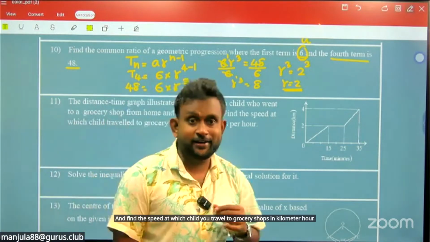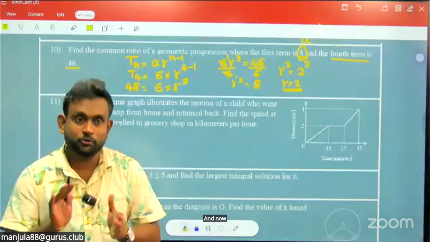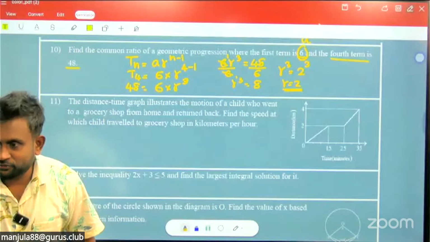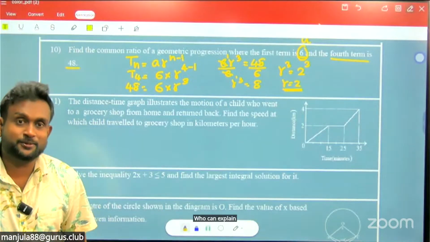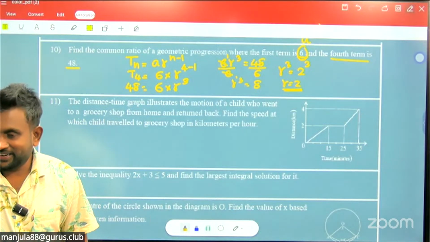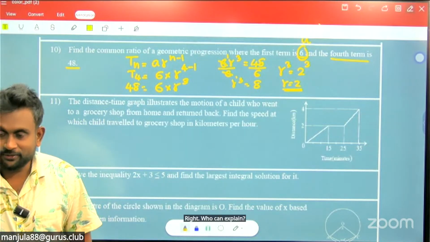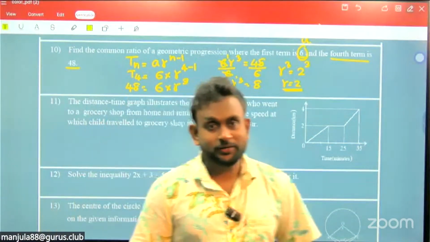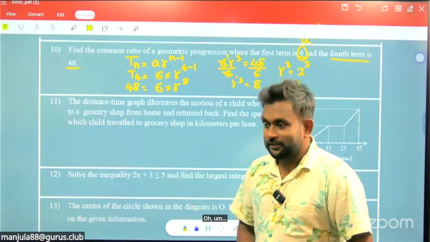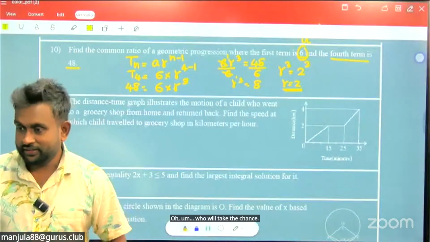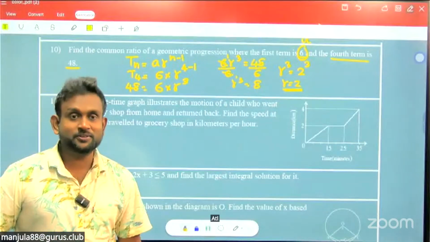Now can anyone explain the motion? Who can explain? I will give you the chance to talk. No problem. Who will take the chance? Can you explain?